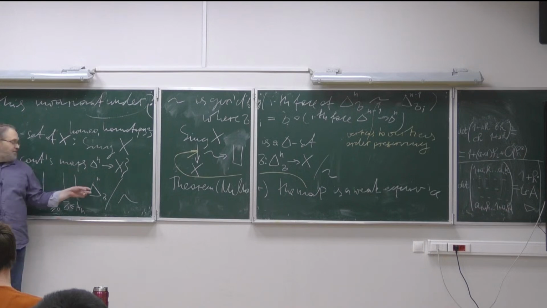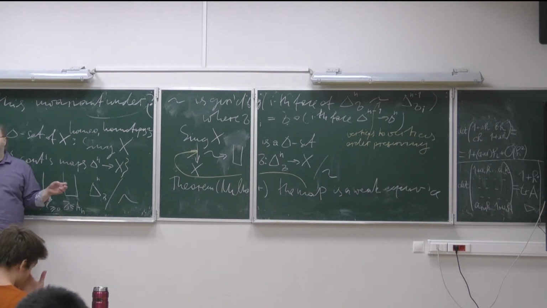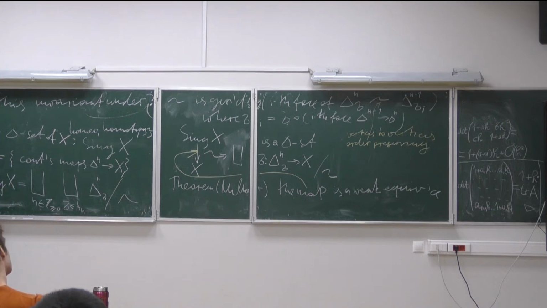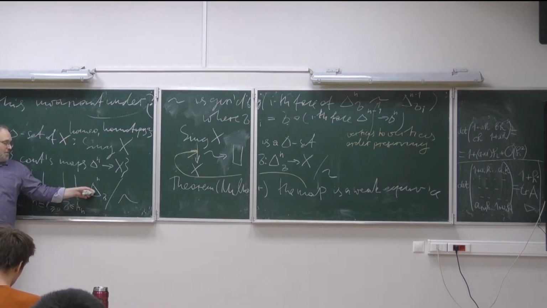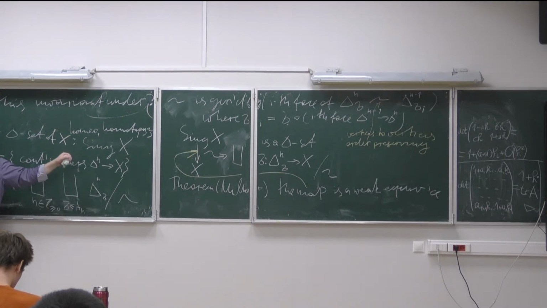But we always identify the interior of a simplex with some part of the boundary of a higher dimensional simplex. It's more or less straightforward from the construction that we get a delta set.